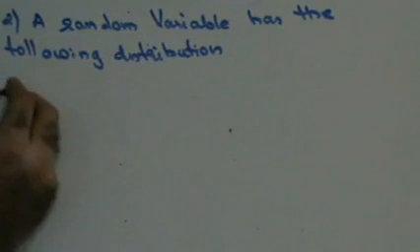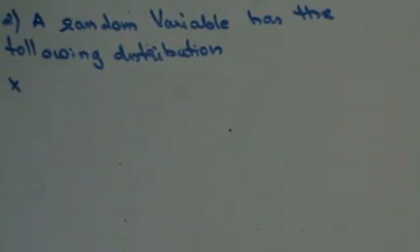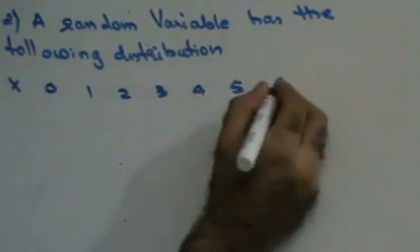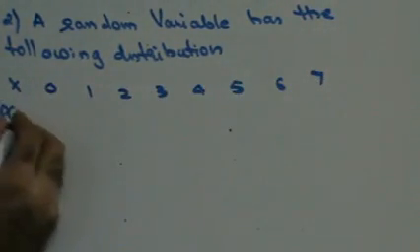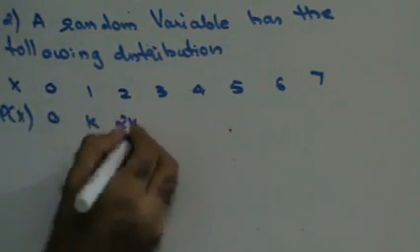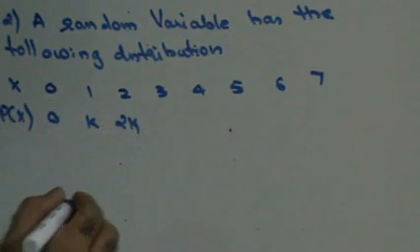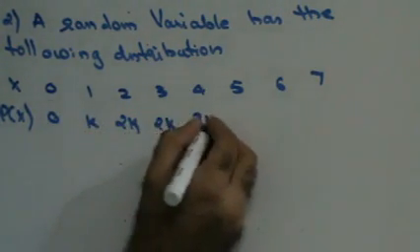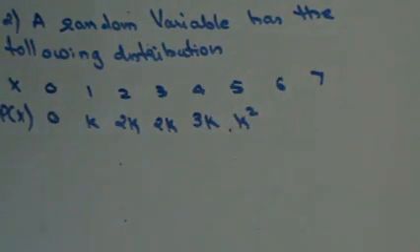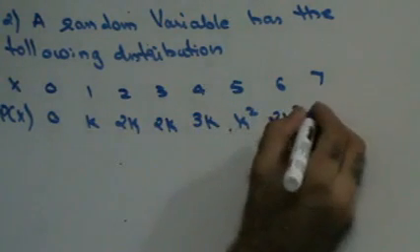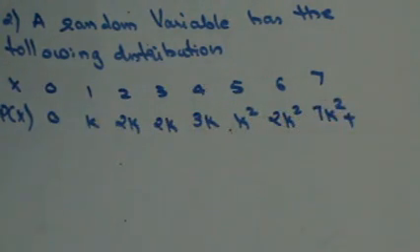The values of x are 0, 1, 2, 3, 4, 5, 6, 7. Probability of x is 0, k, 2k, 2k, 3k, k square, 2k square and 7k square plus k.